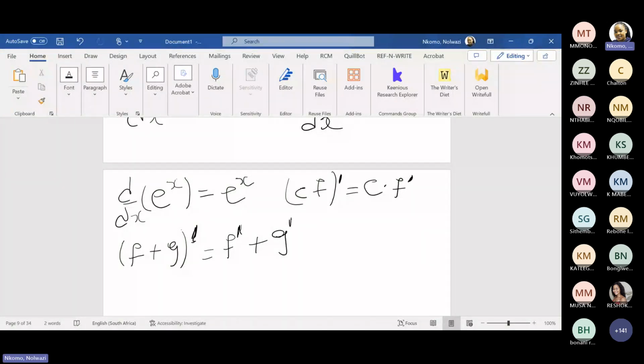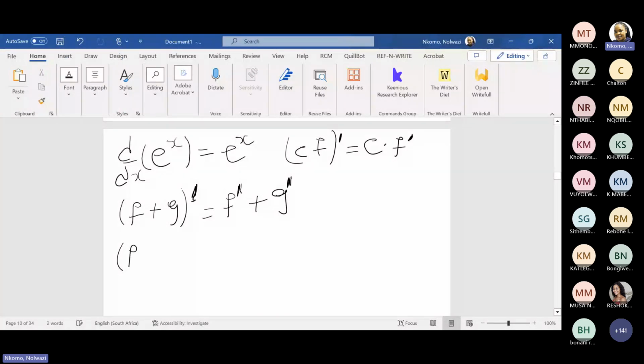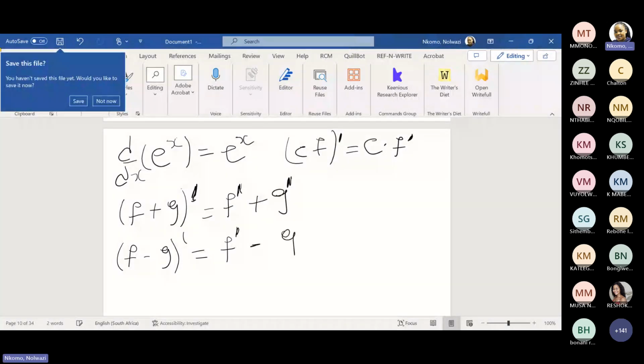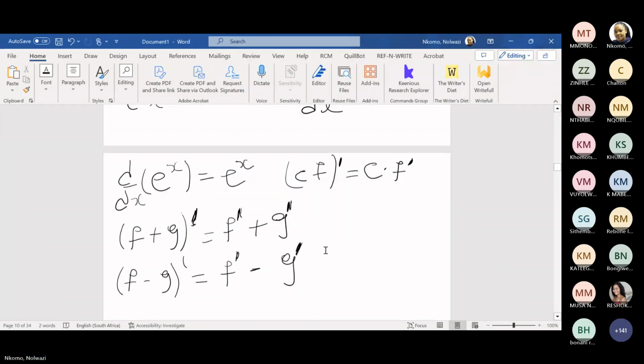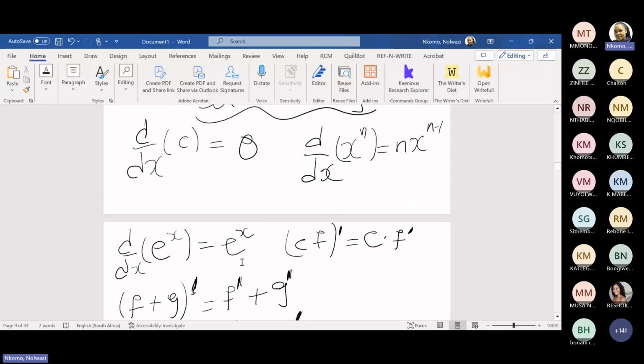It would be the derivative of f minus the derivative of g. Right? Then, yeah, this is the summary of what we've covered in today's session. 1, 2, 3, 4, 5, 6.